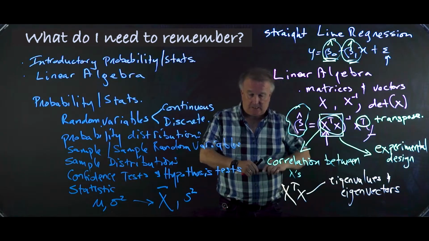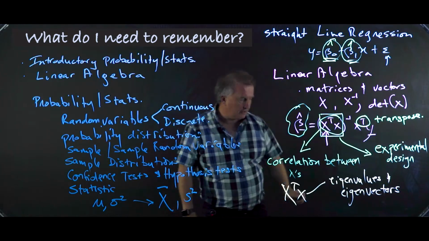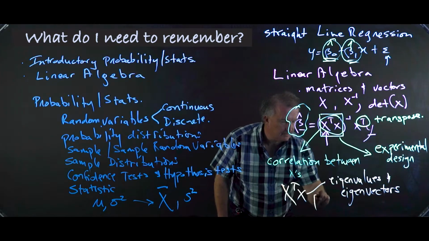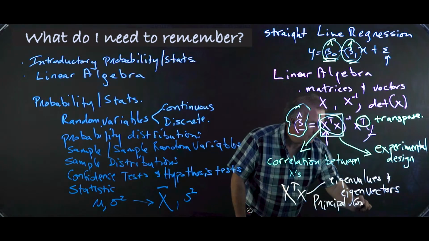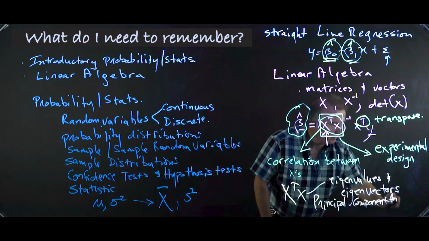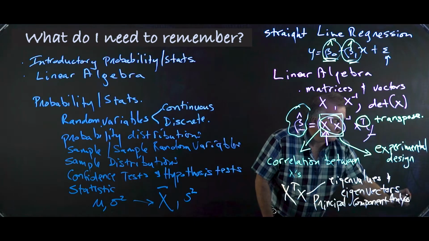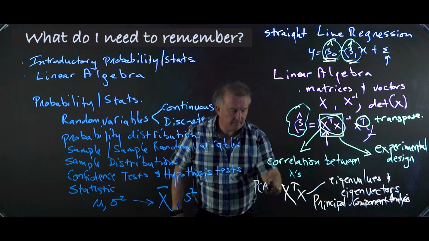And this is actually a technique that's used quite often now in data mining, and it's referred to as principal components analysis. And very often people just use the acronym PCA.